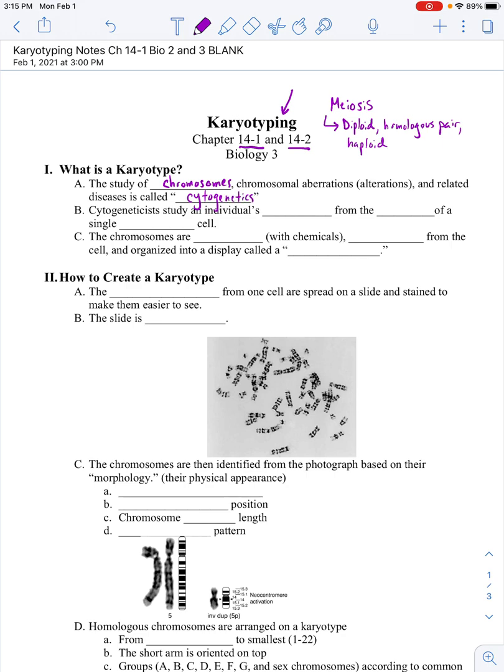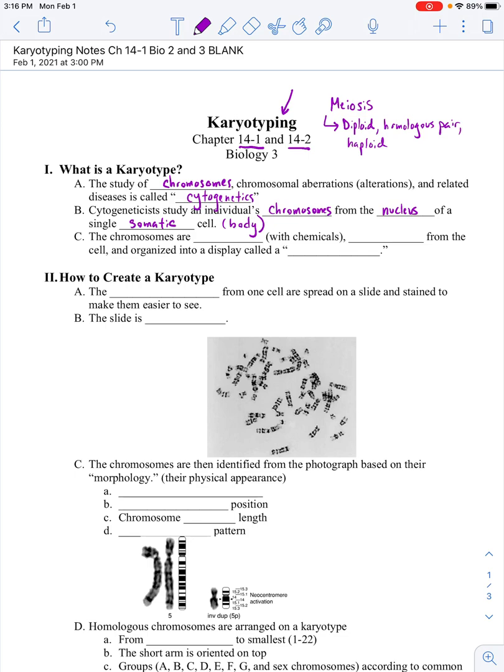And cytogeneticists study an individual's chromosomes from the nucleus of a single somatic cell. And somatic means body cell, not gametes. So somatic cells are your skin cells, your muscle cells, your liver cells, your blood cells. They're not egg and sperm.